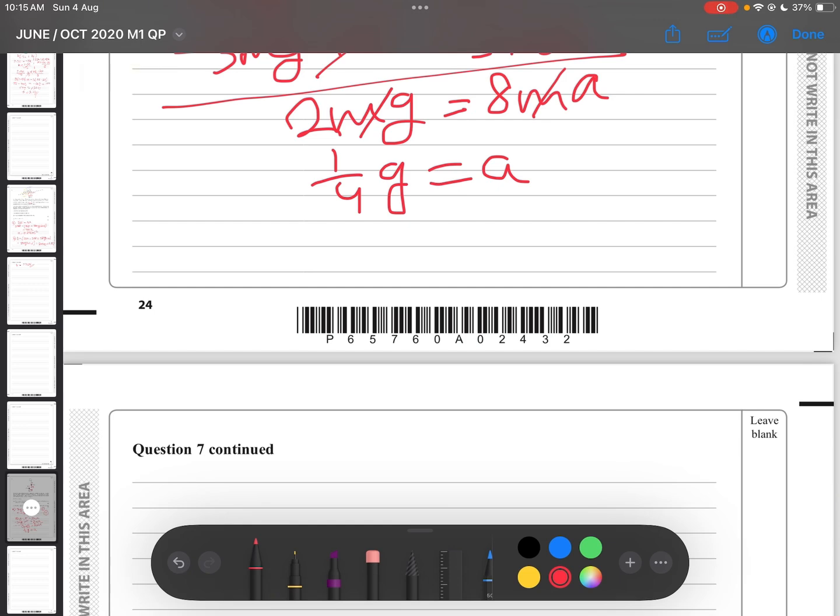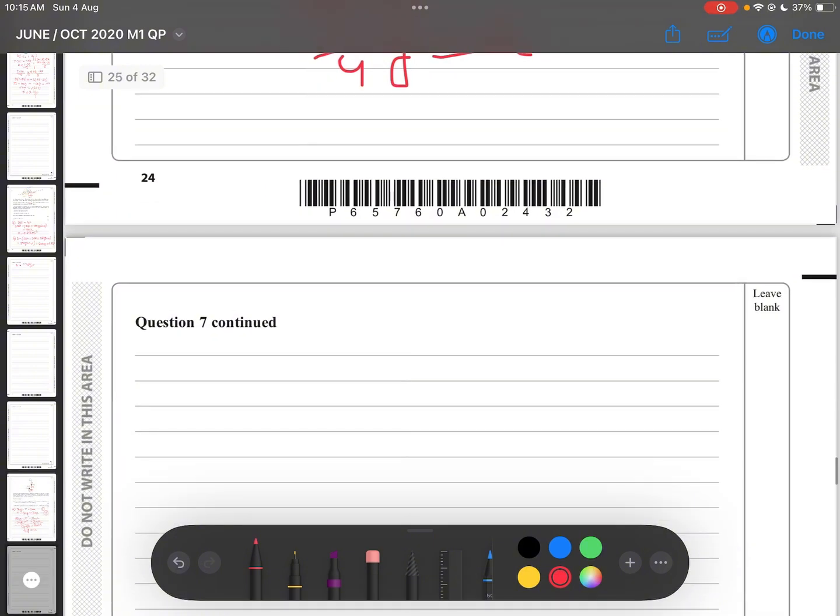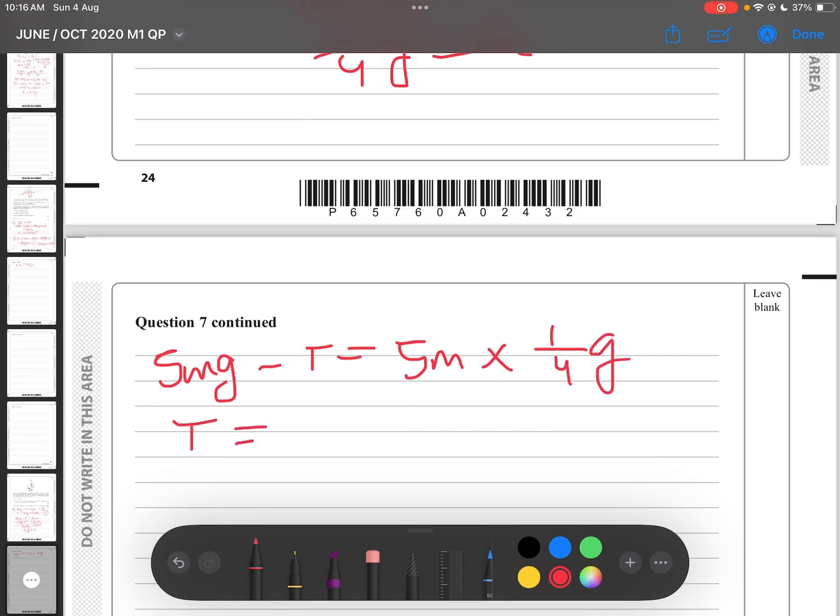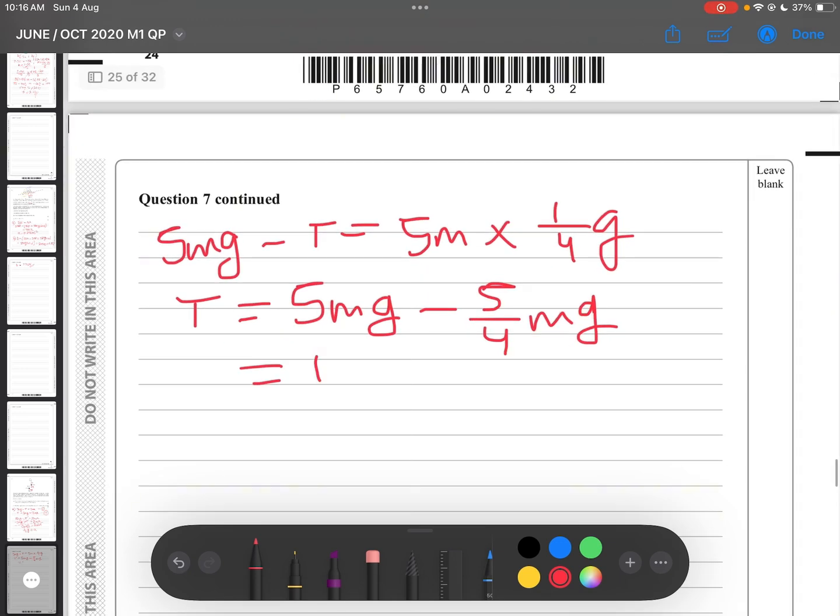Now if I substitute the acceleration into one of the equations which I found, equation 1 or 2, I can get an equation for the tension. So I'll substitute in equation 1, 5mg minus T is equal to 5m times 1 by 4 g. So T is going to be equal to 5mg minus 5 over 4 mg, which is going to be equal to 15 over 4 mg.